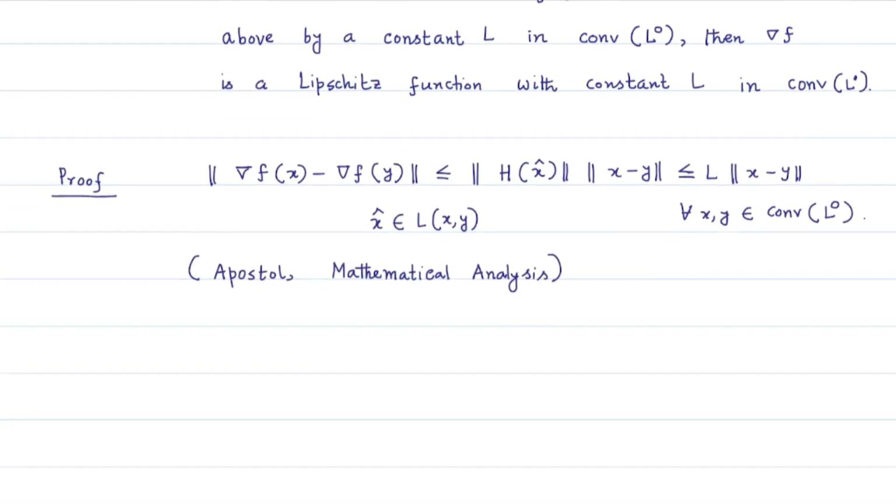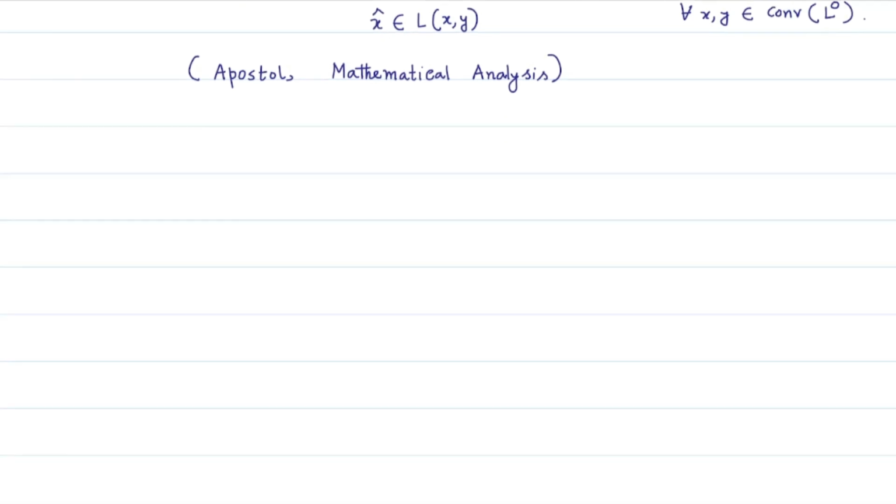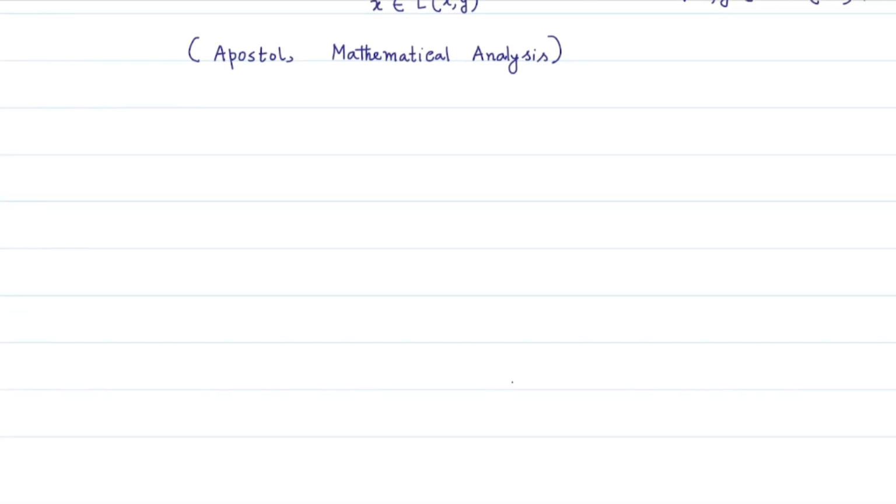Now next we will prove a lemma for a function that is a C^{1,1}_L function in the n-dimensional Euclidean space R^n. The lemma states that, let us suppose f is a function of several variables that is a C^{1,1}_L function in the entire n-dimensional Euclidean space.